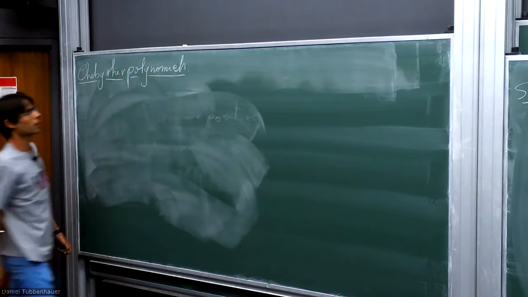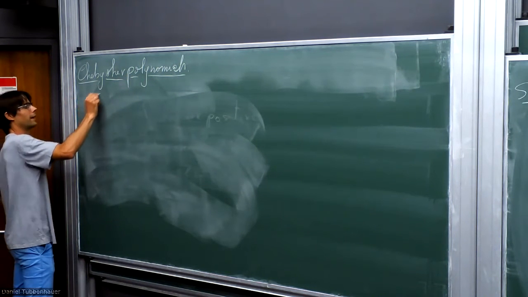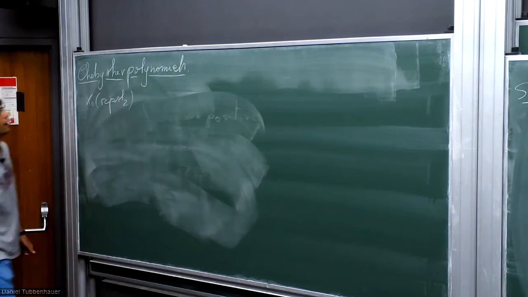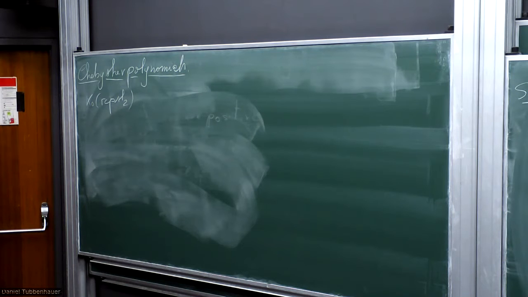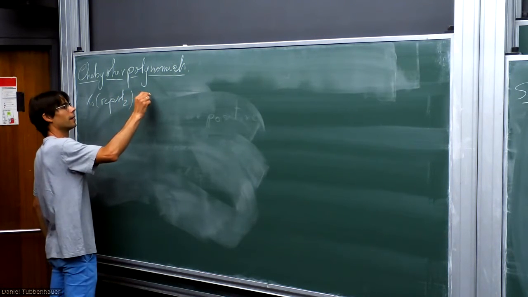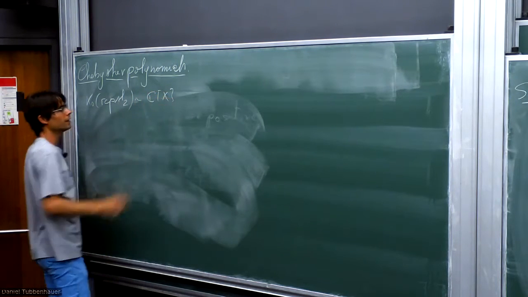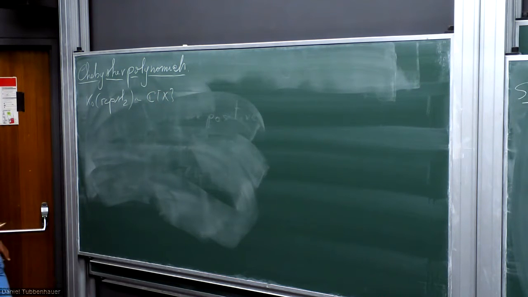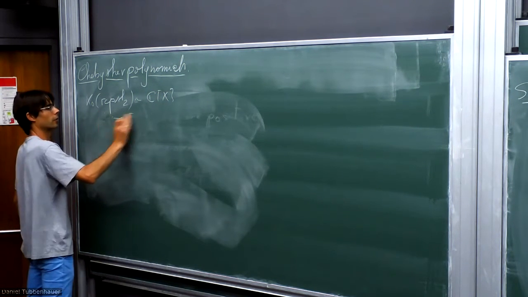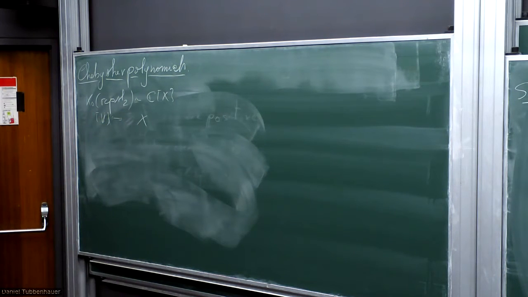I try to use a 30-second definition, but I think that if I look at the representation ring of representations, I can write it as C of X, where X corresponds to that of the vector representation.